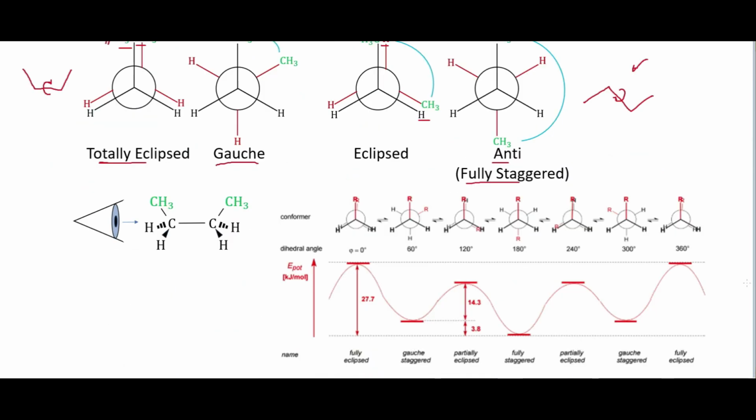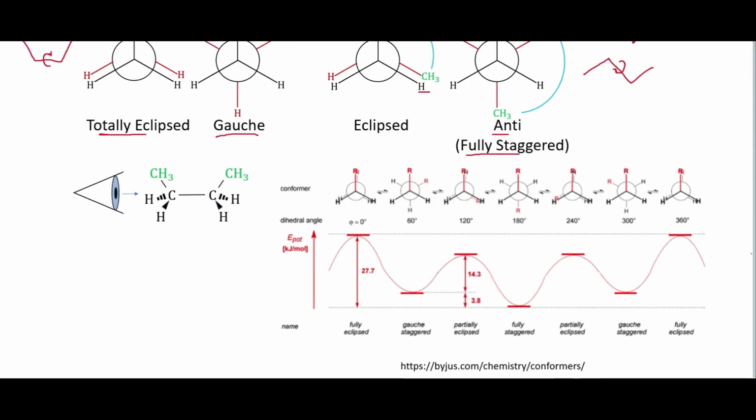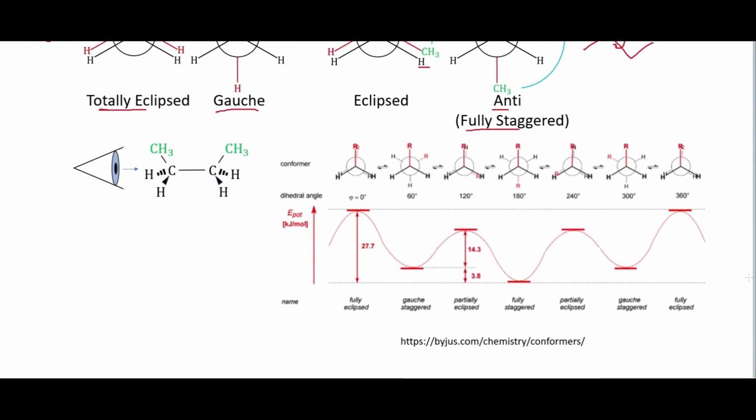And we can see that the fully staggered is in fact the most stable form of this, where this gauche staggered is somewhat higher, but the fully staggered is the lowest energy right here. And so that's actually going to be the most stable, and it will be the main form of the molecule that you would actually see if you measured the bond angles on these.